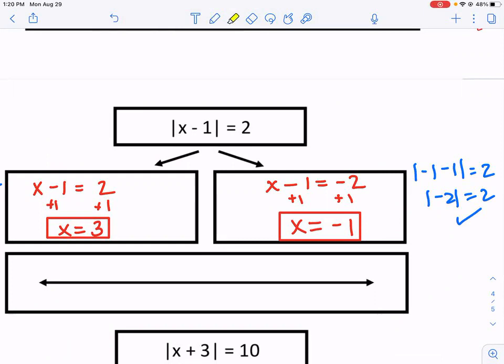Okay, what did I do? I took x, I plugged in our -1, -1 minus 1, definitely -2. And the absolute value of -2 is definitely 2. That makes sense. So we're good.